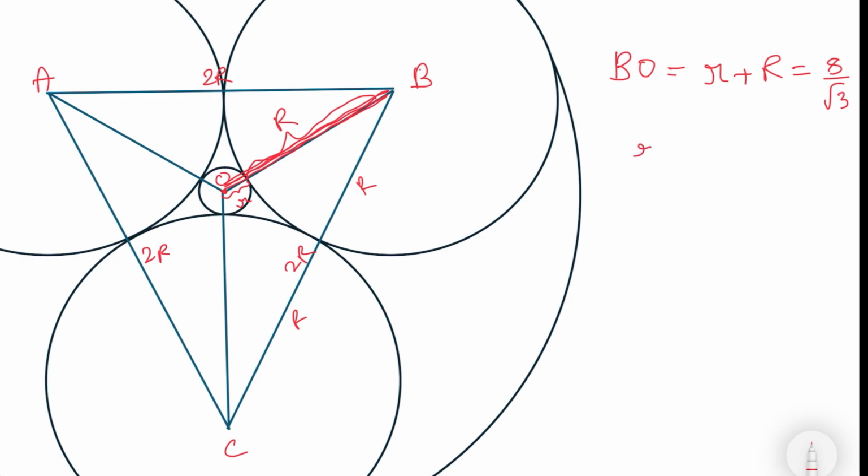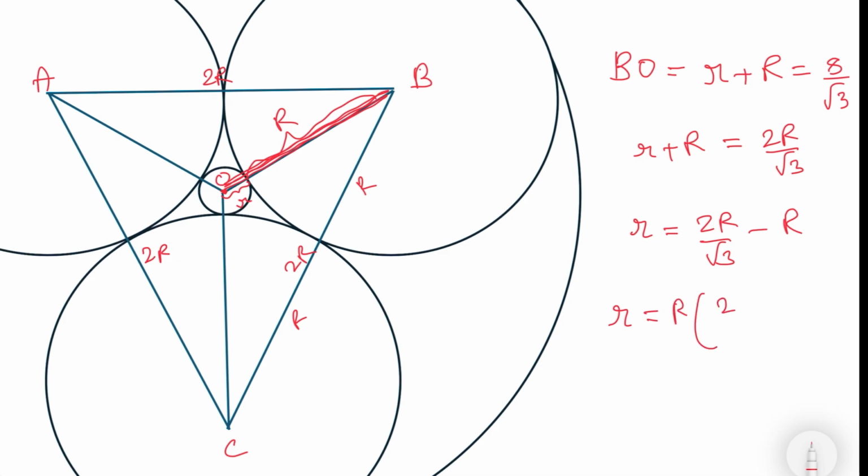So r plus R will simply be equal to 2R divided by root 3. From here, we get r is equal to 2R by root 3 minus R. So small r is R common, 2 by root 3 minus 1. Dividing both sides by R, I get small r upon capital R as 2 by root 3 minus 1.